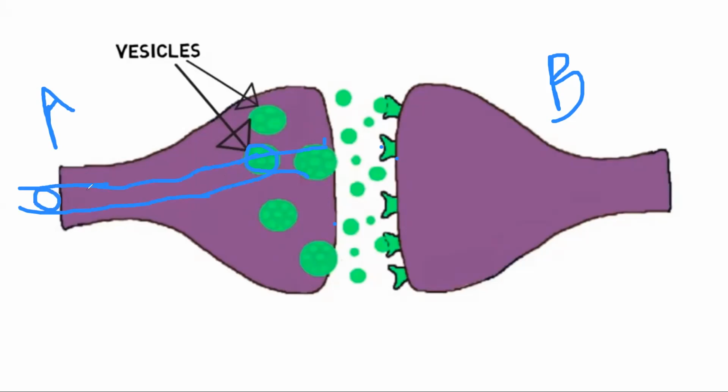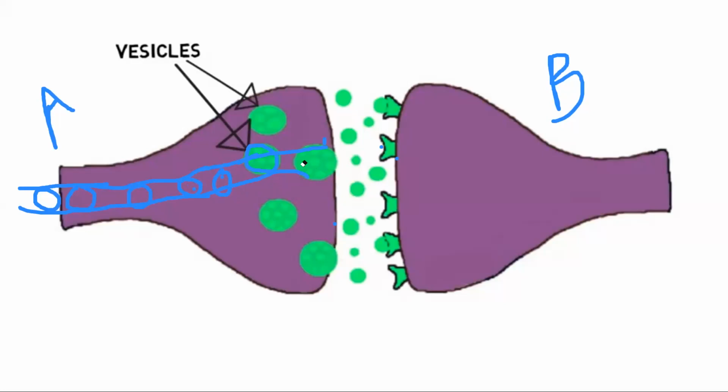The two horizontal lines I've drawn are the axon, and the axon is transporting the vesicles, the circles that I'm drawing. These vesicles contain some chemicals known as neurotransmitters.